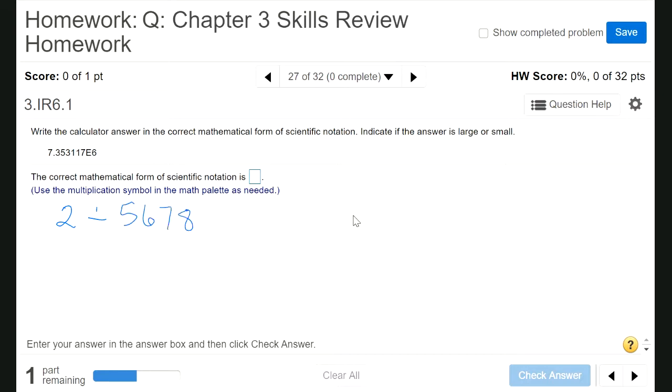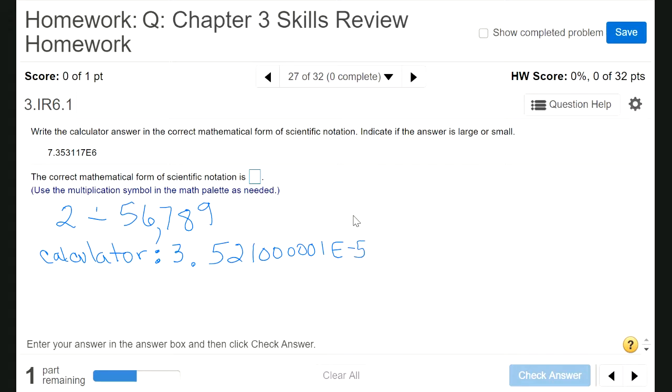Do that in your calculator. And in the calculator, it will say this. For an answer, it will give you 3.521. And then there's a bunch of numbers, a bunch of zeros. And then it says E, and then you'll notice it says minus 5.